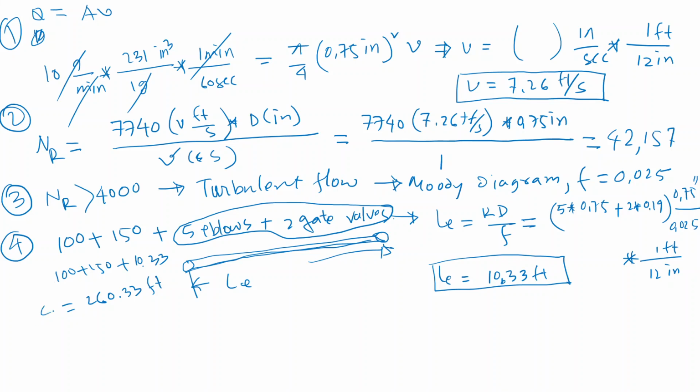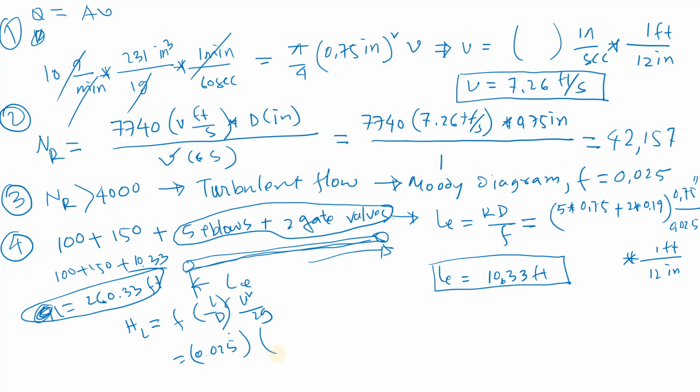So this is the total equivalent length we have to account for in the friction. Now the friction loss formula is the friction factor times L by D times V squared by 2g. So the friction factor is 0.025 times L, which is 260.33, probably not going to make any difference, divided by the pipe diameter of 0.75 inch.